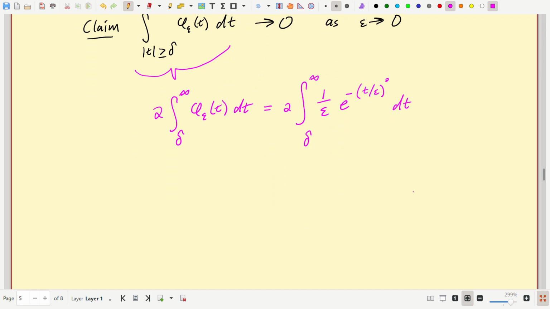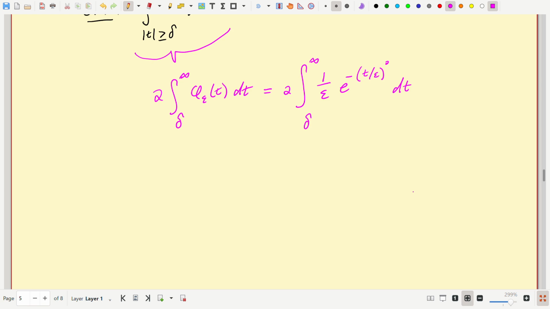Then the key to estimating this integral is noticing that e to the minus t squared is going to 0 faster than e to the minus t is. So let's see how I want epsilon to go to 0.